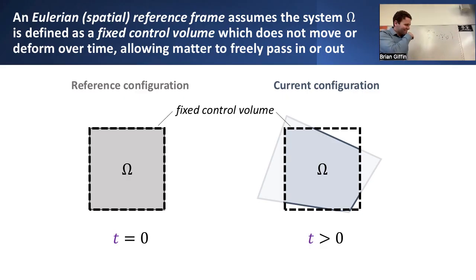Well, the good news is, Eulerian reference frames are really useful when you're trying to describe motion of fluids. Fluid mechanics really takes more of an Eulerian perspective on the universe because oftentimes fluids can move around a lot, right? And it's not really sensible to define the movement or deformation of fluids in a way that attaches itself in some fictitious way to the motion of a collection of material points.